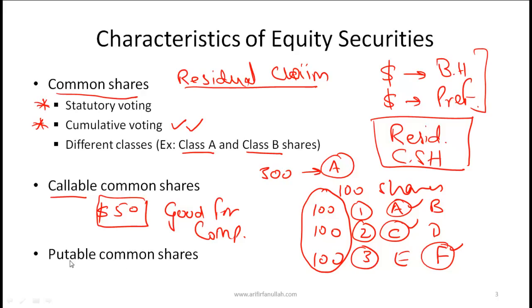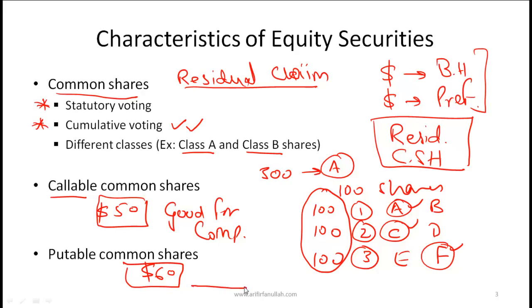A puttable share, on the other hand, is good for the investor. What the puttable share allows the investor to do is sell the share to the company for a given price. So let's say that the investor has the right to put the share back in the company's lap, so to speak, at $60.